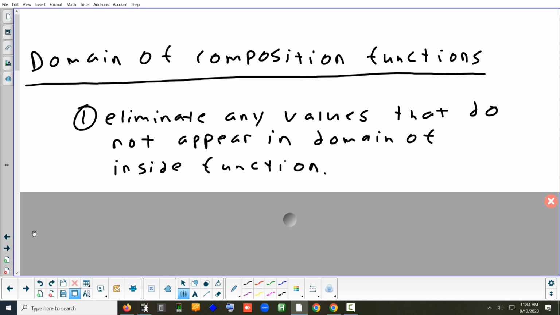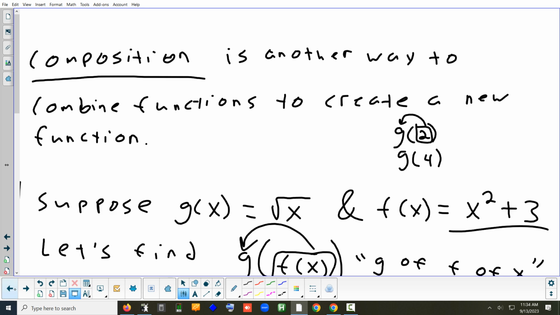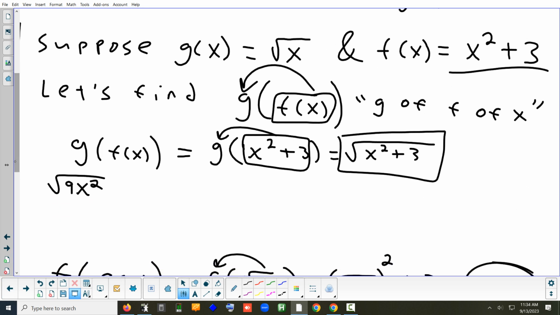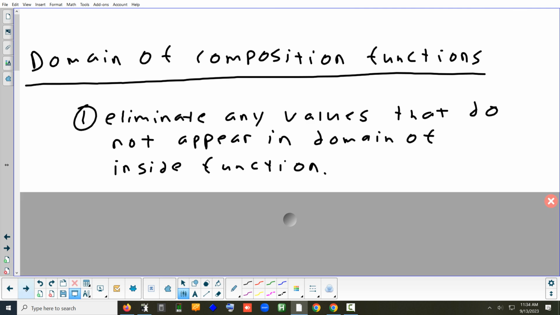So I start with everything, and I filter out values that are not part of the domain of the inside function. What's the inside function? Well, in this problem, f of x is the inside function. In this problem, g of x is the inside function. So you eliminate any values that are not in the domain of the inside function.